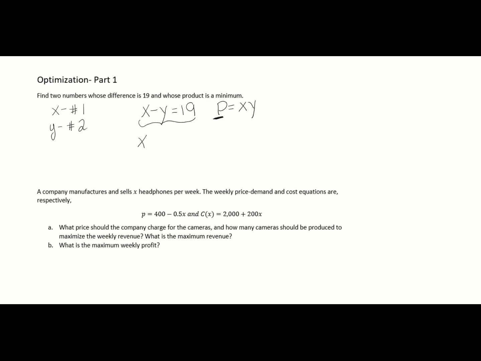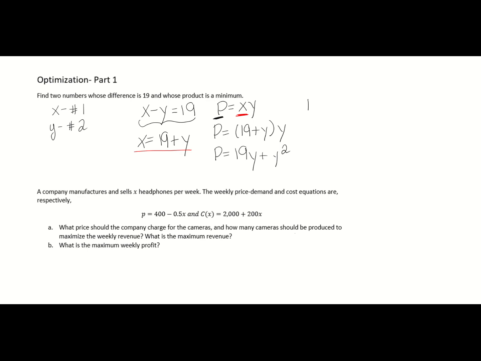In this situation, I would solve for x because it's easier to bring the y over. So I'm going to replace the x here: p is equal to 19 plus y times y. Now I have a function of only y, so I can take the derivative. Before I do, I'm going to distribute the y.